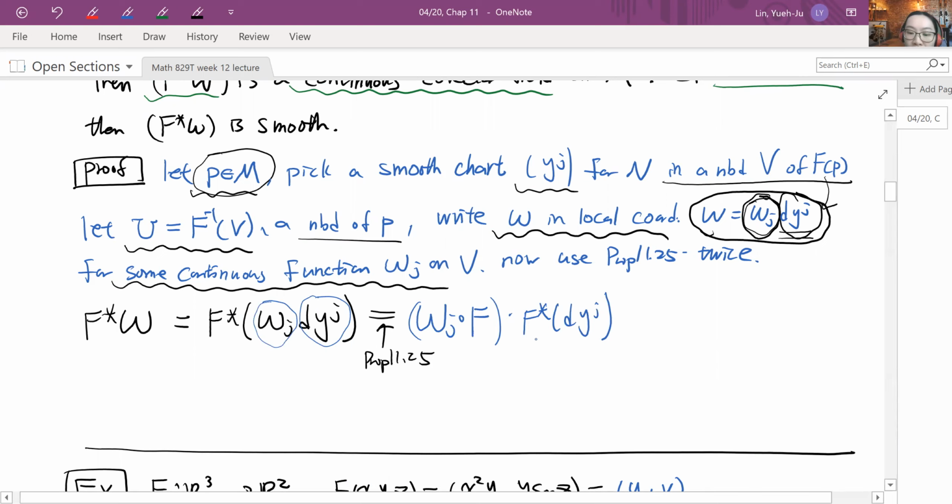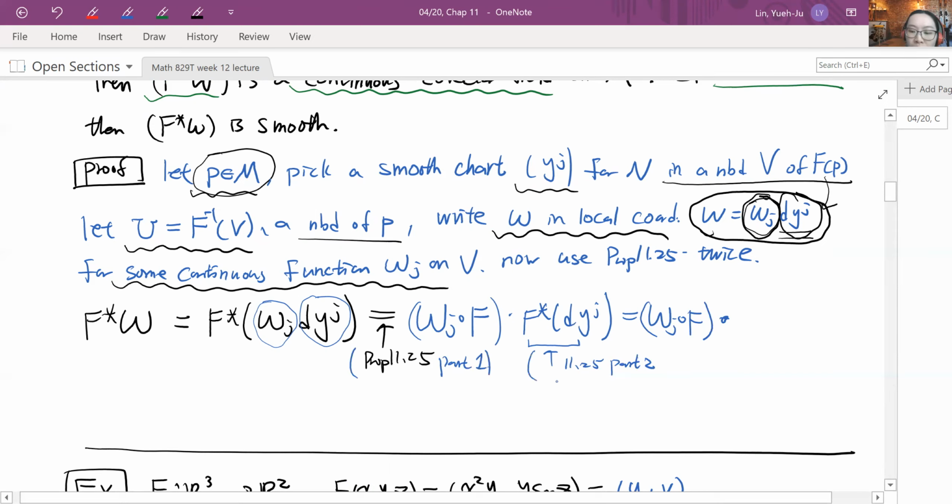So I use 11.25 again. I keep Wj composed with f, which is just some scalar function here. Then times the second part. This is 11.5 part 2, and this is 11.5 part 1.